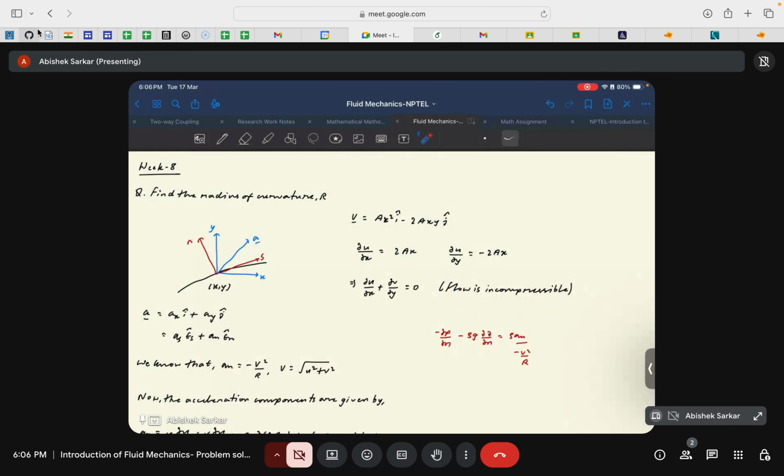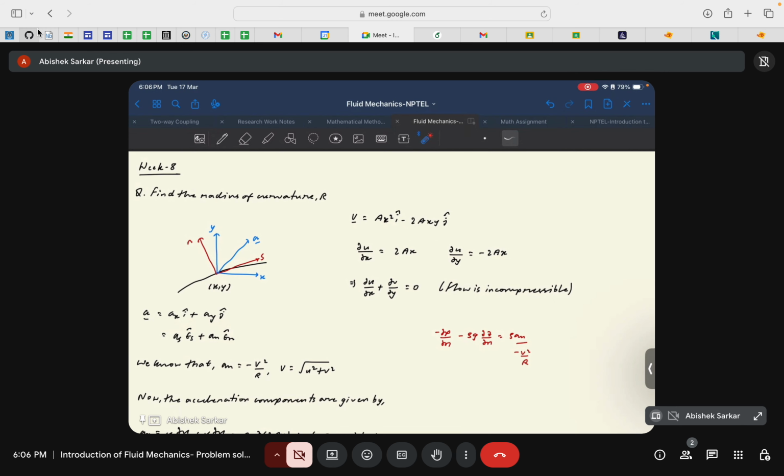Now we know that the acceleration field, let us say A, can be represented as ax i cap plus ay j cap. This is a 2D field, so we have two acceleration components in the Cartesian coordinate system. Similarly we can transform our coordinates from Cartesian to a streamline coordinate system.